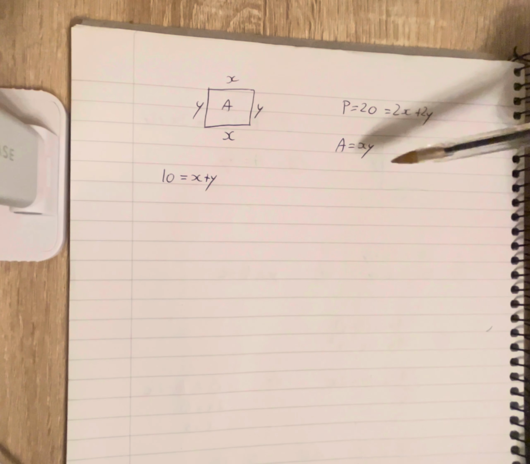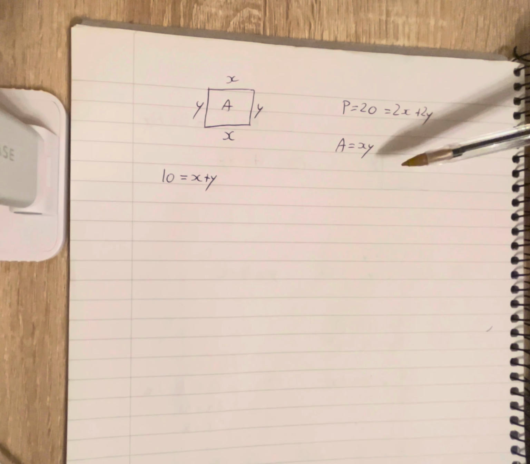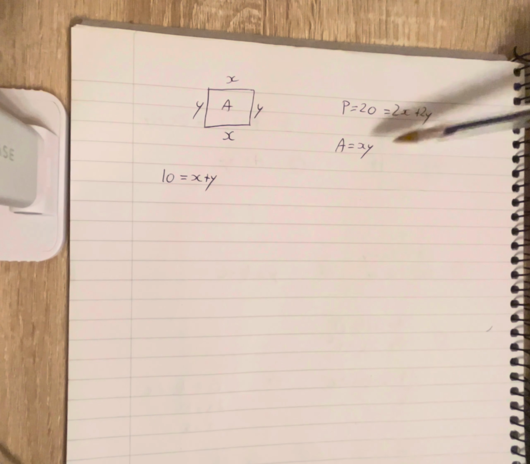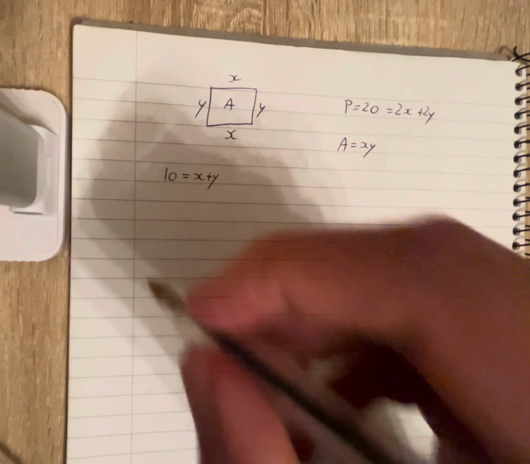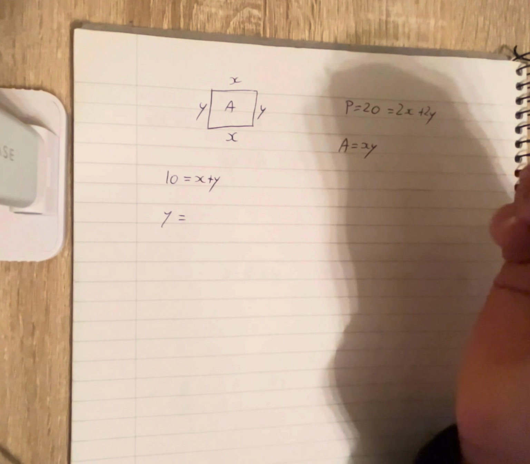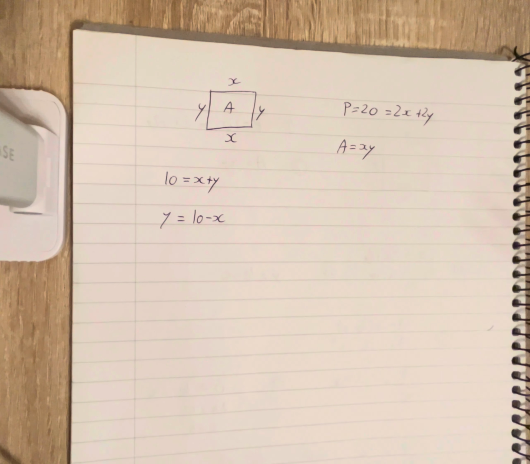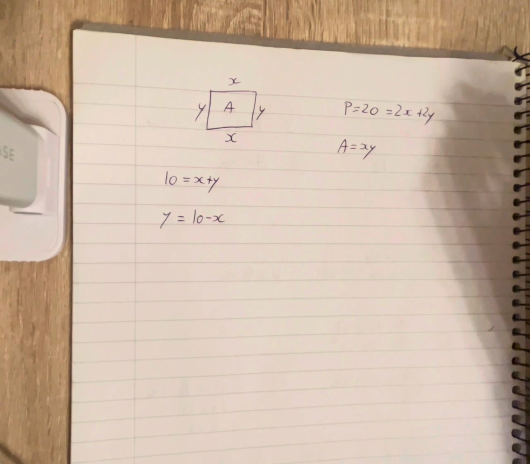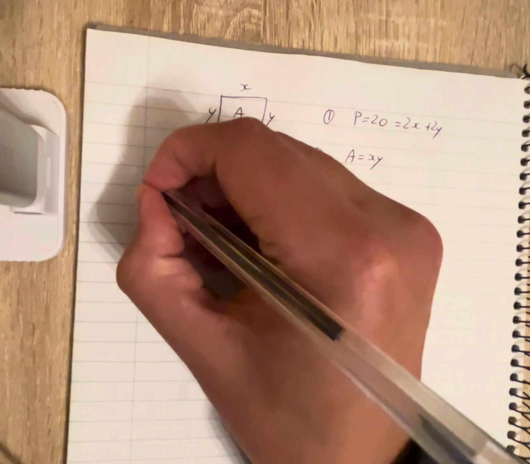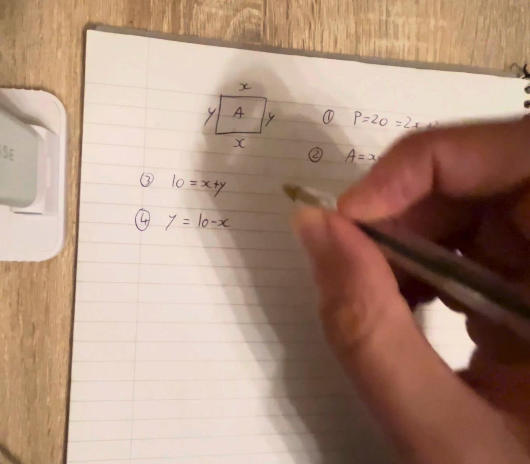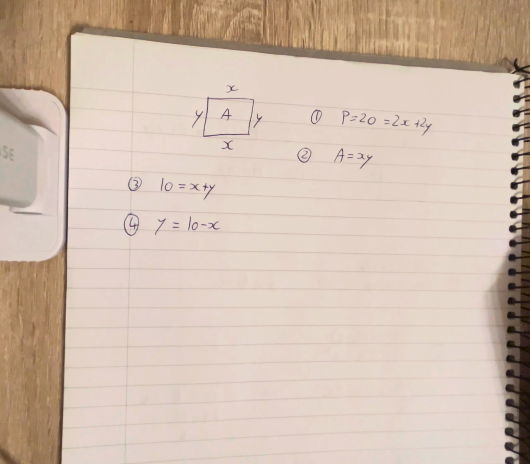Now, you could do multivariable differentiation, but that seems unnecessarily complicated when you already have an equation linking x and y here. So if I just rearrange this to y equals 10 minus x, plug that in up here. To be fair, what you should do, which I haven't been doing, is really number your equations so when you start plugging them in everywhere and anywhere, you know where you got them from.